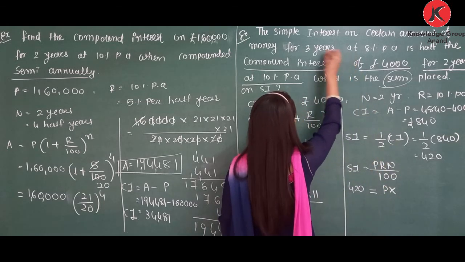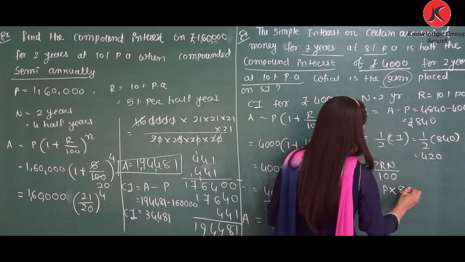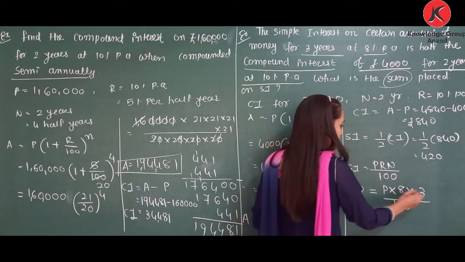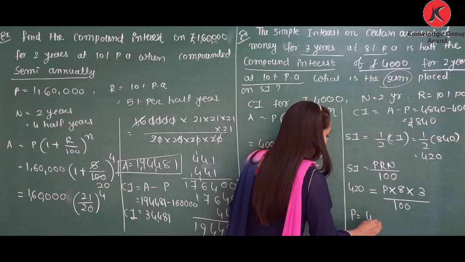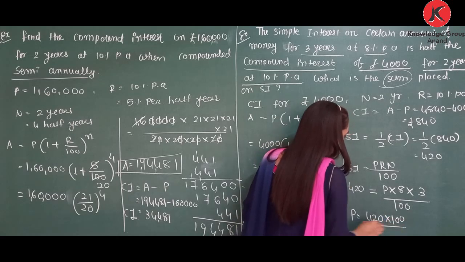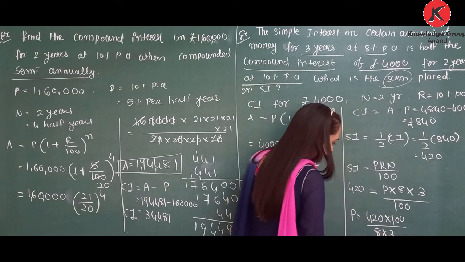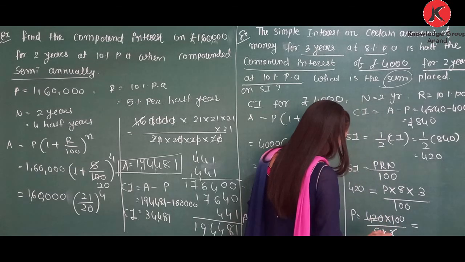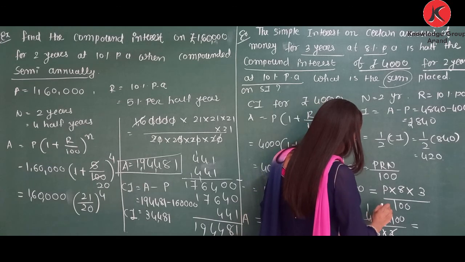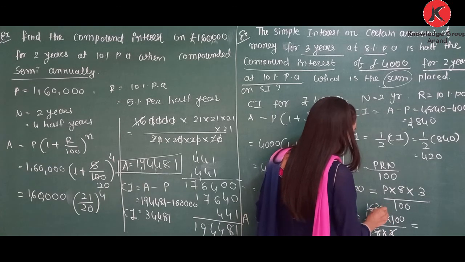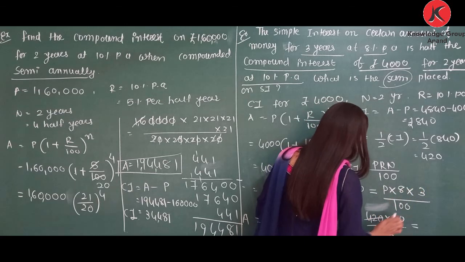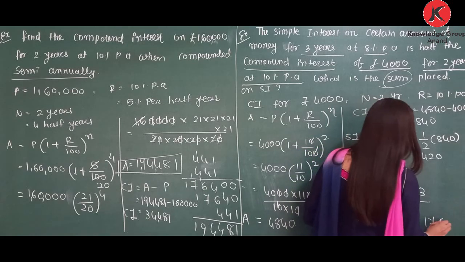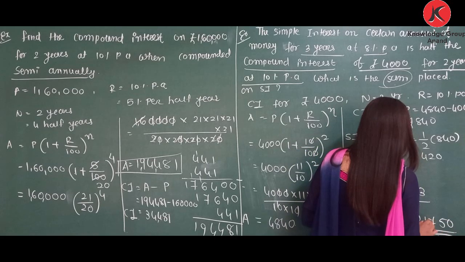Now for simple interest, the rate of interest is 8%, N is 3, divided by 100. So P is equal to 420 multiply 100 divided by 8 multiply 3. So if you solve this, you will get 1750. So that is the principal amount.